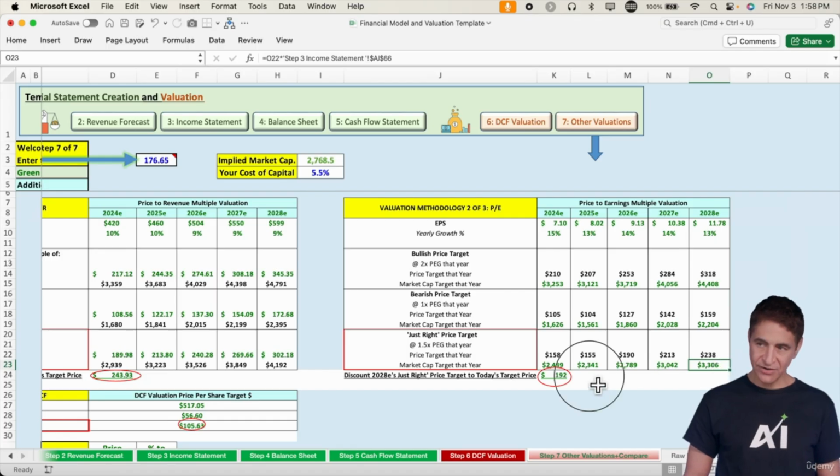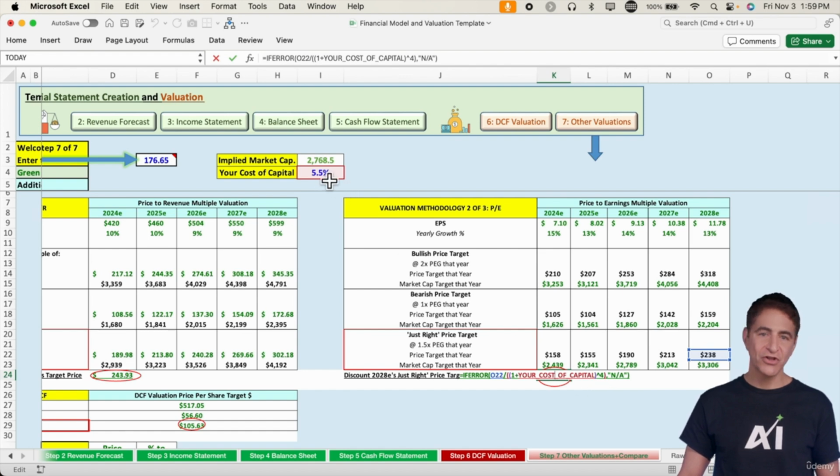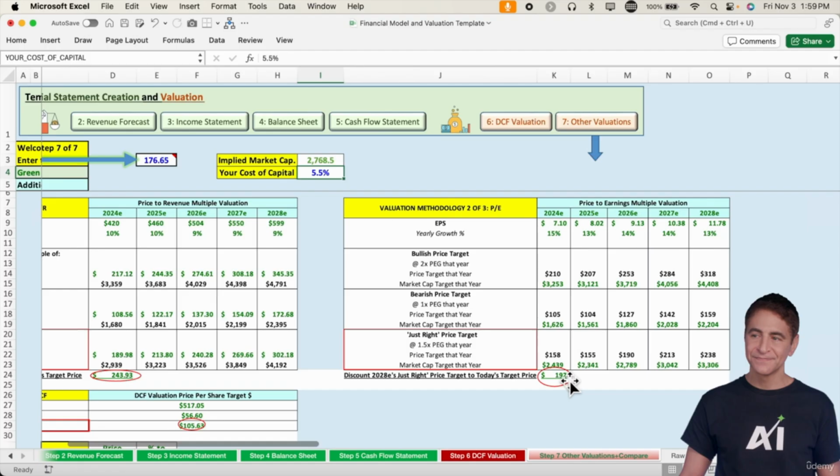Then what we do down here, similar to what we did before, is we're going to take that price and discount it over 4 or 5 years, depending exactly what month you're in. We're going to discount that back in today's terms. You can use this number here, or you can say equals WACC up here to change it to the weighted average cost of capital that we use when we discuss DCF. And that gets me to this target price here.